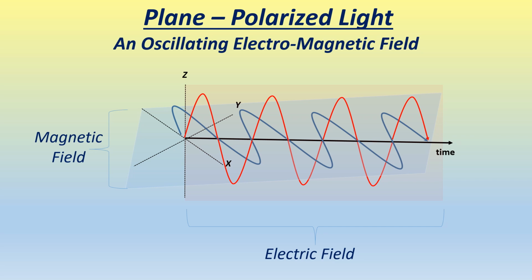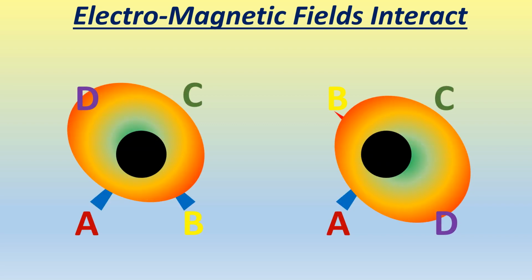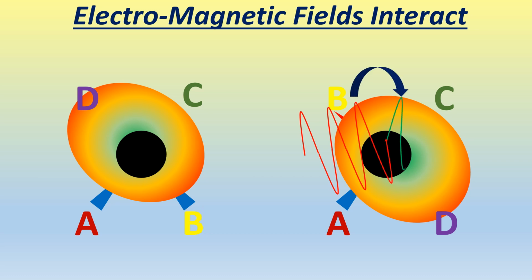So, when one electromagnetic field of the light interacts with the electromagnetic field surrounding an asymmetric chiral molecule, the following will happen. Those fields will interact. In one case, the stronger field is to the right, so the light will bend in a clockwise direction.